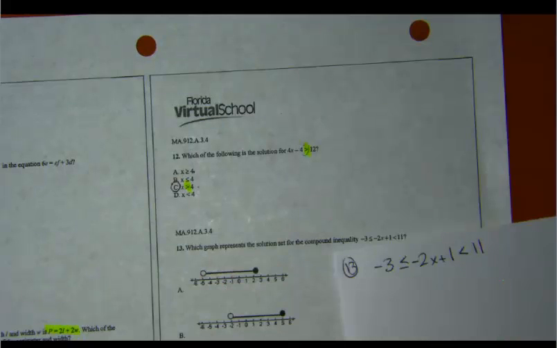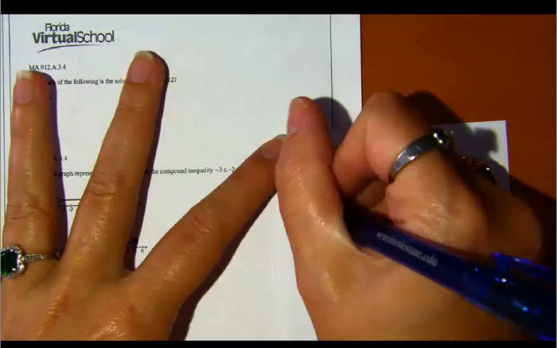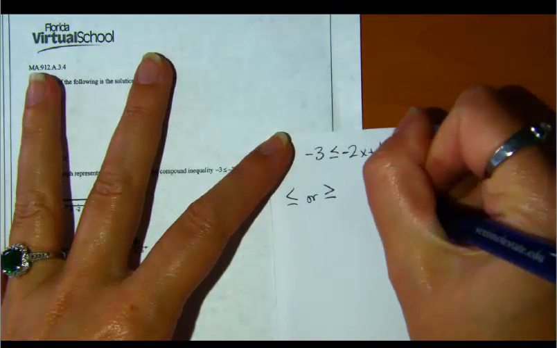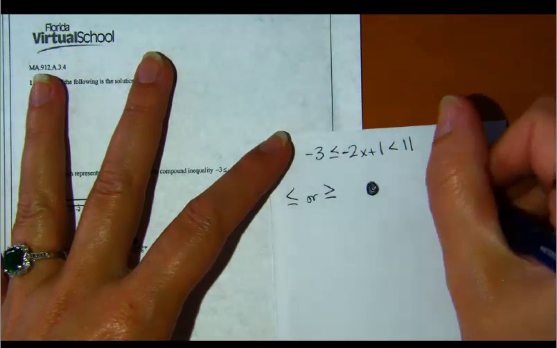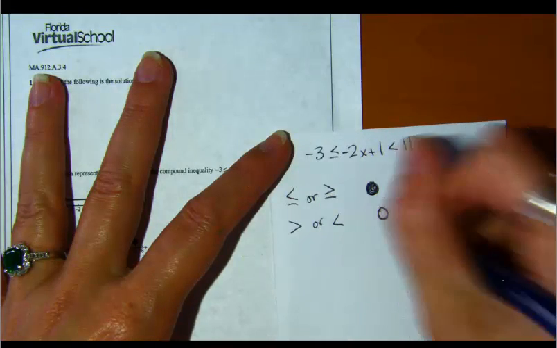Okay. Compound inequalities. When we graph these on a number line, 2 things to remember, just from the start out. If you have this symbol or this symbol, you get a colored in circle. If you have this symbol or this symbol, you get a not colored in circle.